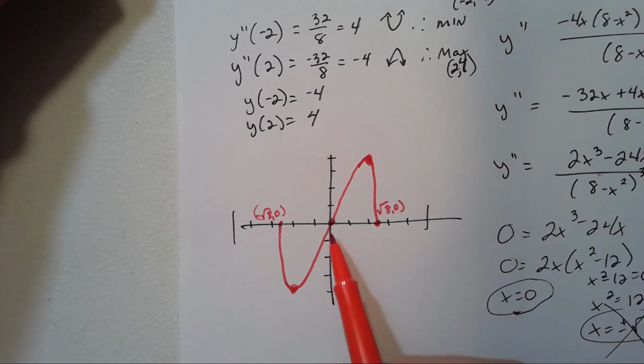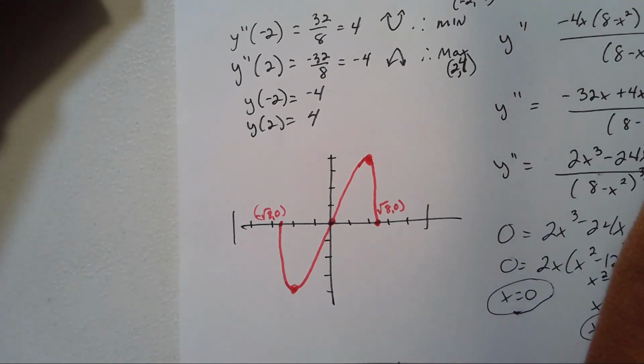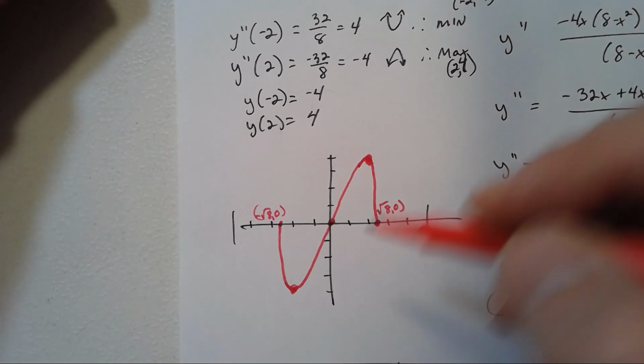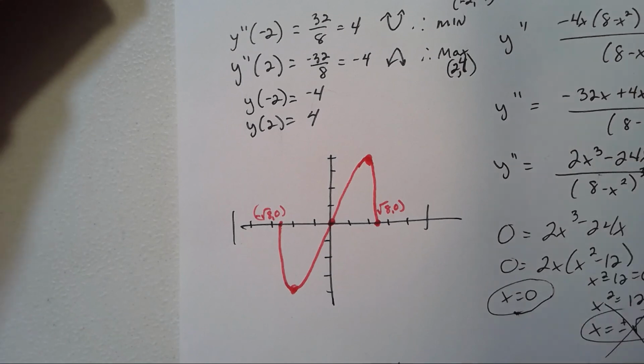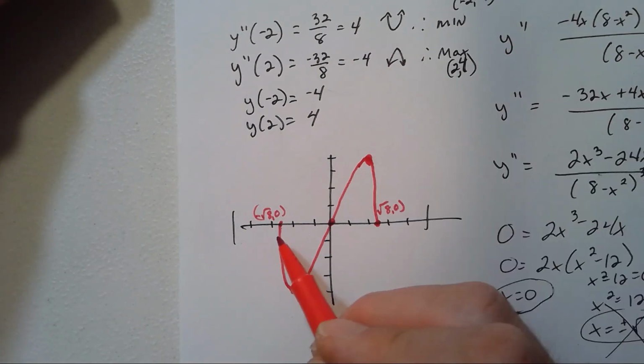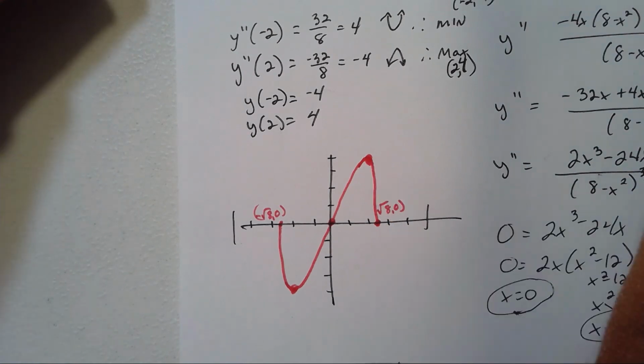We've got an absolute minimum at negative 2, negative 4. Absolute minimum, it's equal to negative 4 at x equals negative 2. We have absolute maximum equal to 4 at x equals 2.